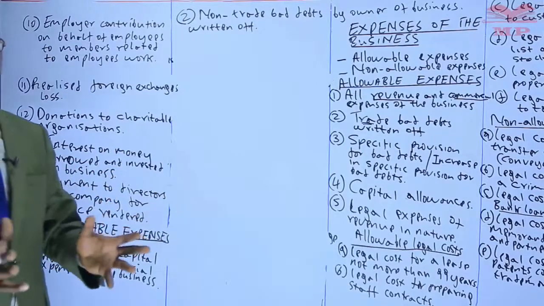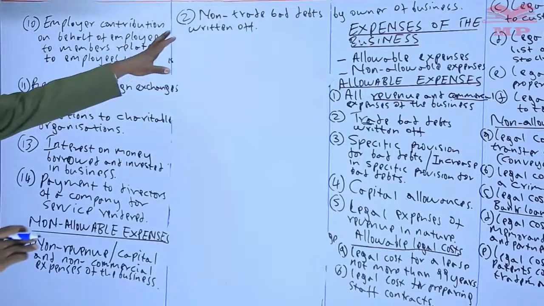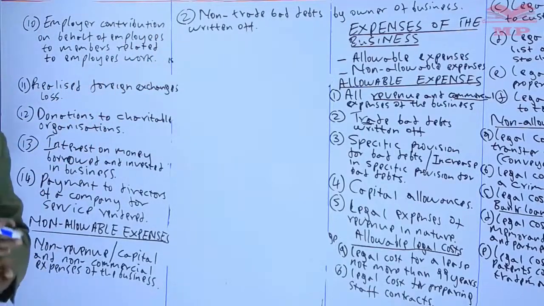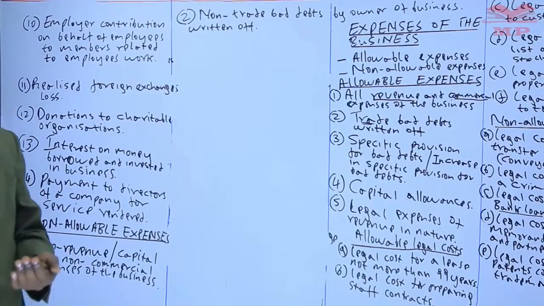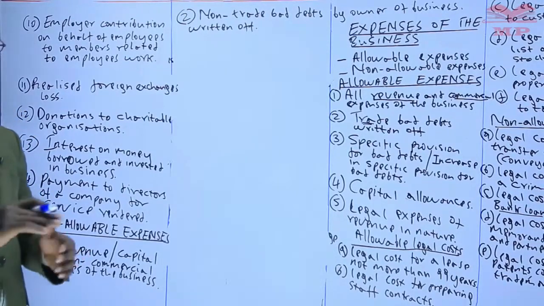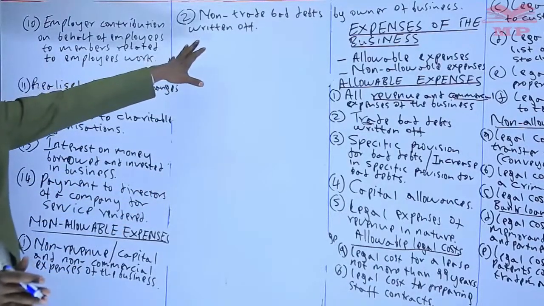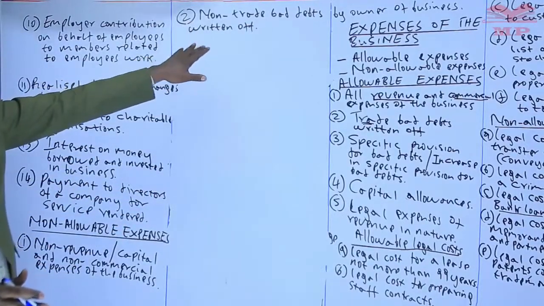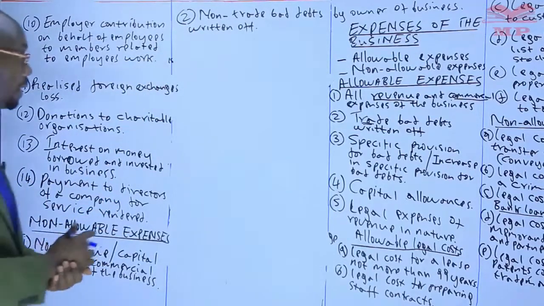Like when you sell goods on credit, they refuse to pay. That's allowable. But those that are not related to the business, for example, you had sold a fixed asset, you had lent money to your customer, your staff, your relative, they refuse to pay, and after 4 years you decide to write them off, those you cannot be allowed to deduct against your taxable income of the business because they are not related to what you do on a daily basis.